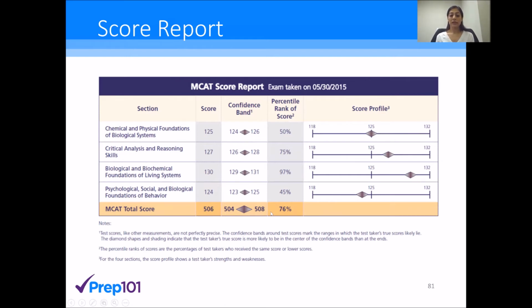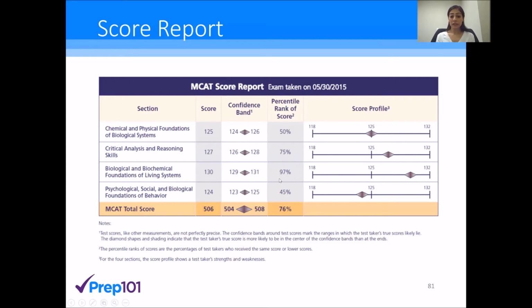That means 76% of the test takers who took this exam in the year 2015 scored equal or below this student. That means 24% of the total takers scored above this student. Okay, so it's a pretty self-explanatory report.